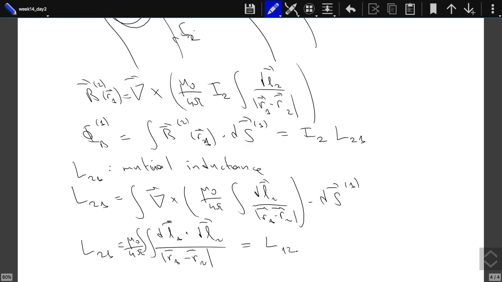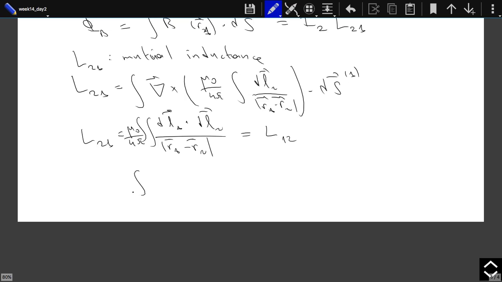Well, you see there, I have a surface integral over here of the curl of a function. I converted that into a loop integral. That is what dl1 is about, because the curl of A dot ds1, I just said, is equal to A dot dl1.